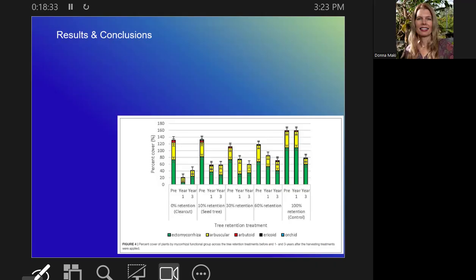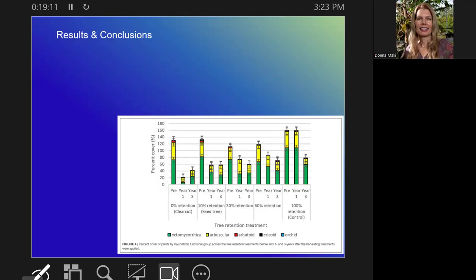And then they were also tracking, the one thing that can happen sometimes in some of these systems that they've studied is you get a shift where you'll get more arbuscular after the cutting compared to the ectos. And you can see that in clear cut, especially the first year, you get more arbuscular than the ectos. Especially if you're thinking about, well, we want Douglas fir that hangs out with ectos, you don't want a bunch of arbuscular taking over resources in the soil system. So there's that to consider too, that you need to maintain.